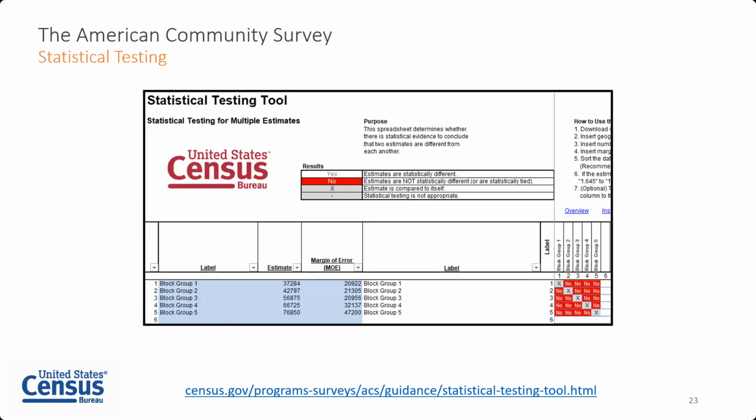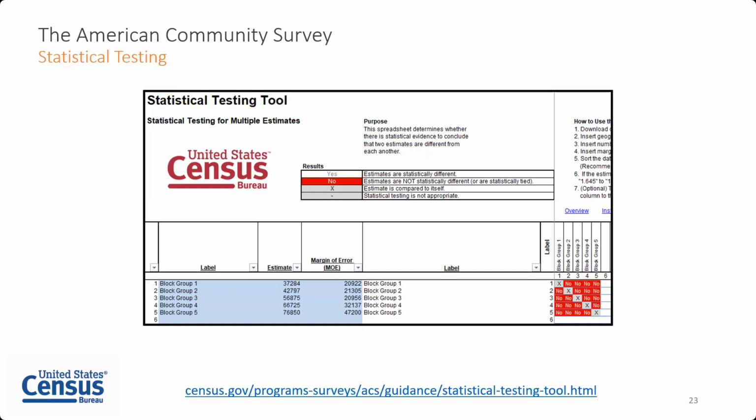So here I've input our hypothetical block groups into the multiple estimates spreadsheet tab. As you can see, the format is slightly different from the last tab. Each table corresponds to only one estimate and MOE. The spreadsheet then creates a grid of results in which each estimate is compared to the others.